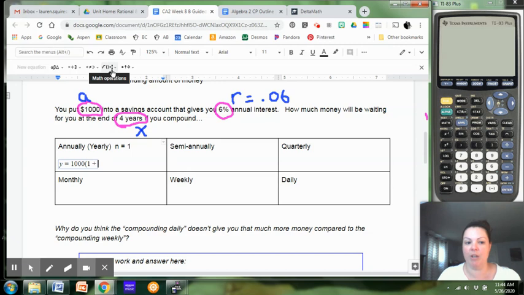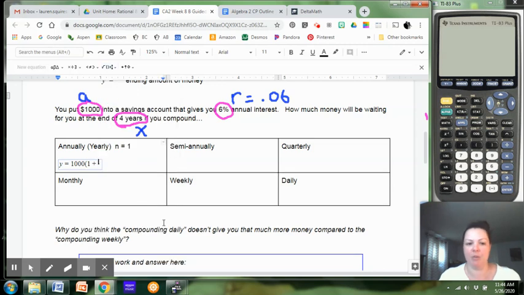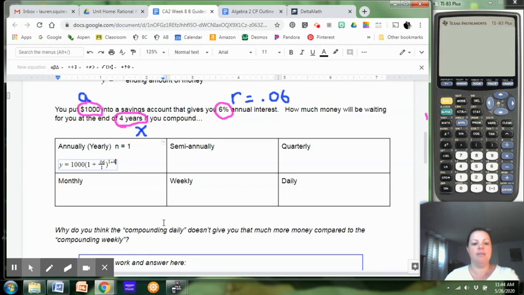If you're using the equation, the fraction comes up with these boxes, and the very first option is a over b, and it creates 2 little spaces for you. We're going to do the r value, 0.06, divided by the 1 of our n, and that's going to be raised to the 1 times 4. So that's what it looks like when you set up your formula.